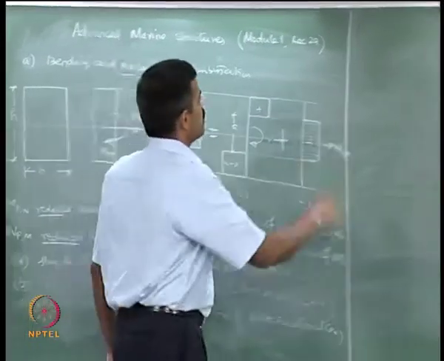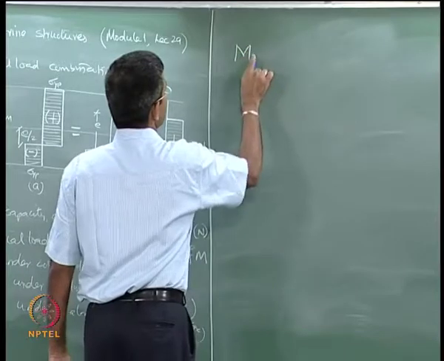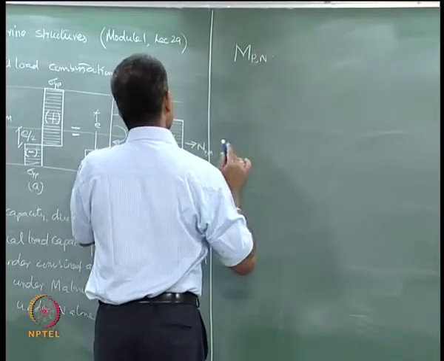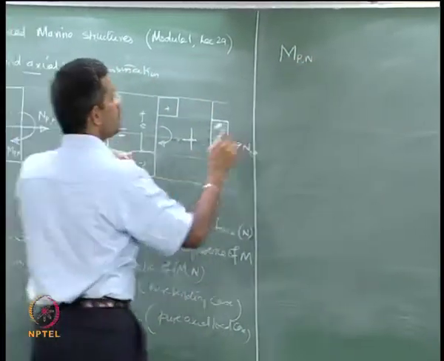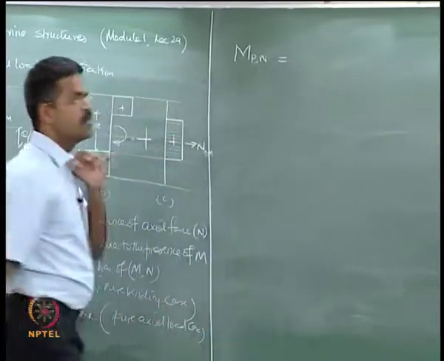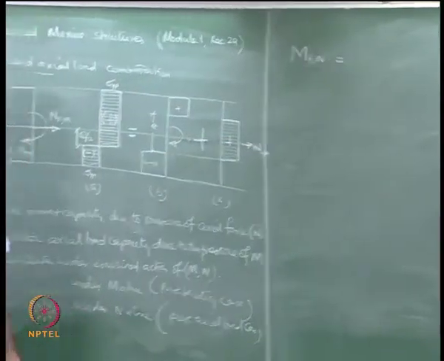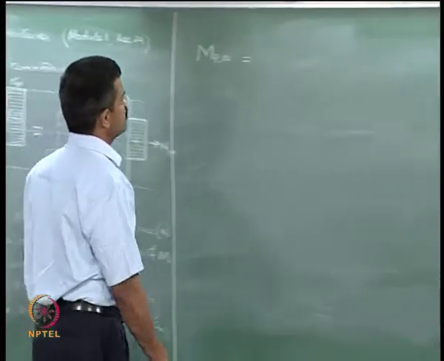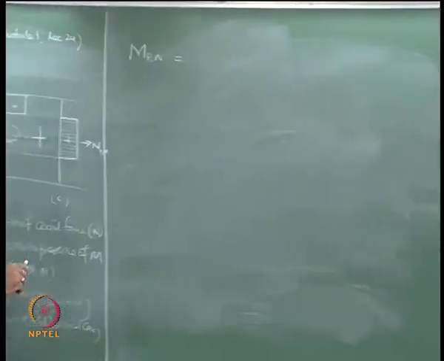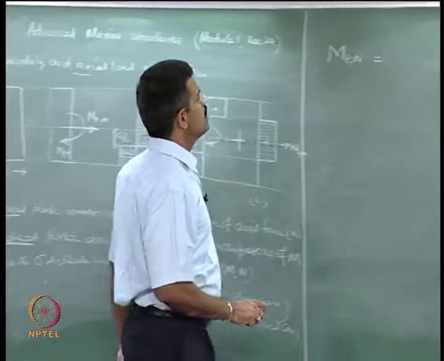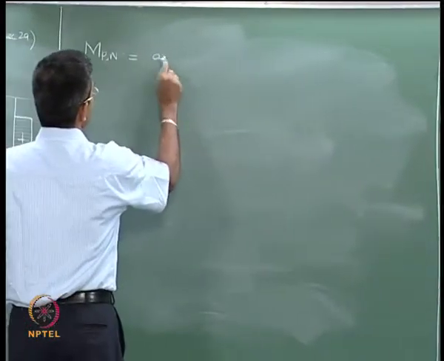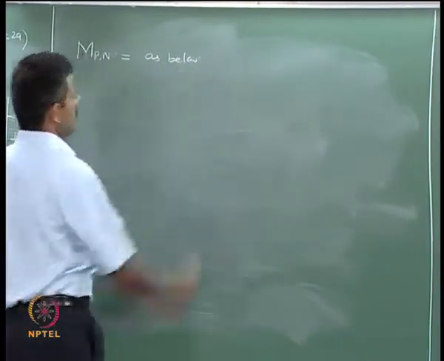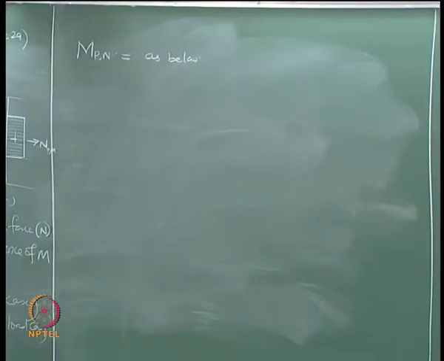Now I am interested in finding out the pure bending case, which I call as MP comma N, which is this. The pure bending case is given by a standard equation which we already know, because this becomes a depth of elastic core, okay, can be computed as below. Though we have done it, quickly we will repeat this.